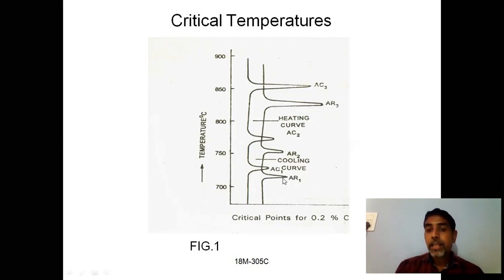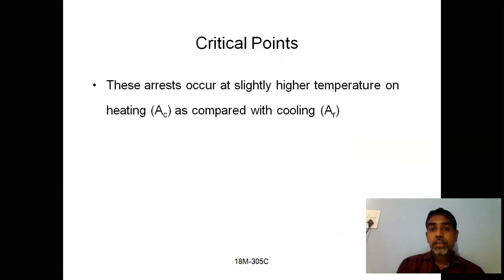See here, AC1 is for the heating curve and AR1 is for the cooling curve. Now you have to understand, when you draw the critical points for heating as well as cooling, they are not the same. They are higher for heating compared to cooling. I am going to the actual slide.